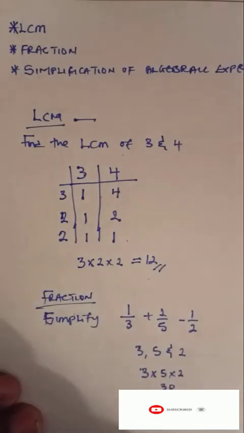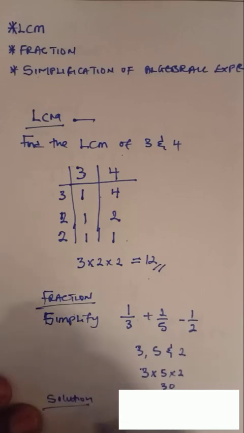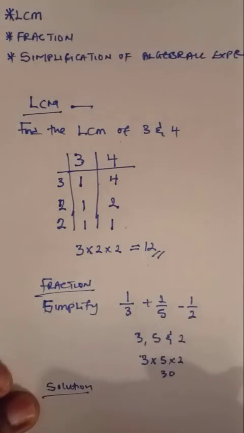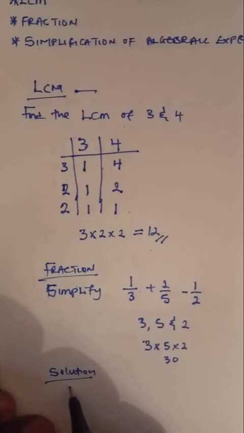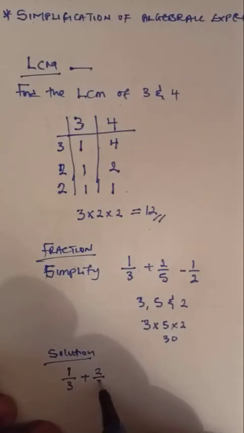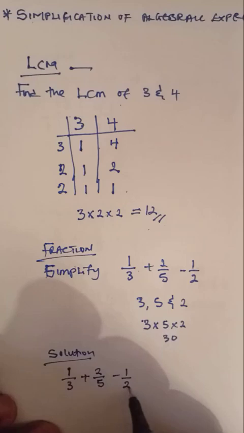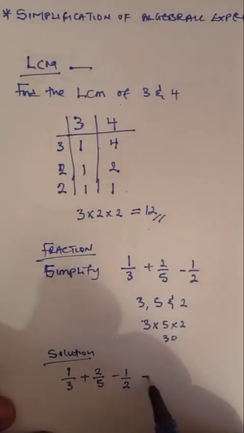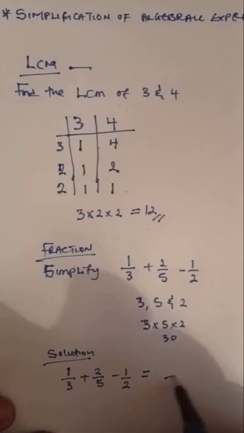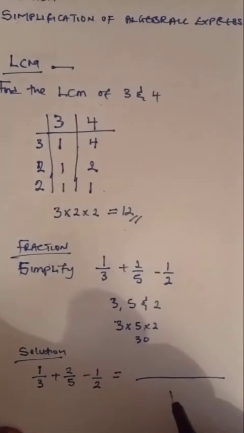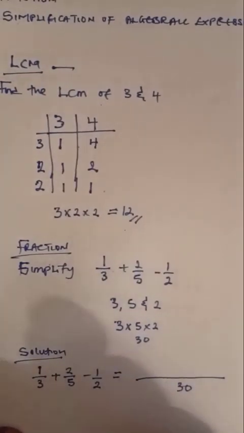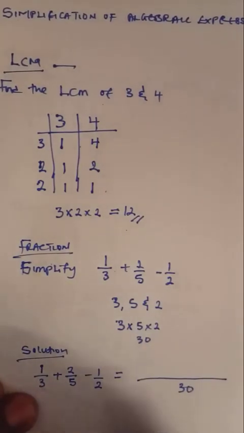30. So 30 is the least number which can be divided all through by these three numbers without a remainder. So let's simplify this fraction properly. Now that we know that the LCM is 30, we can now write 1 all over 3 plus 2 all over 5 minus 1 all over 2 to be, you bring down the LCM, which is 30 here, and then 30 divided by 3 is 10.